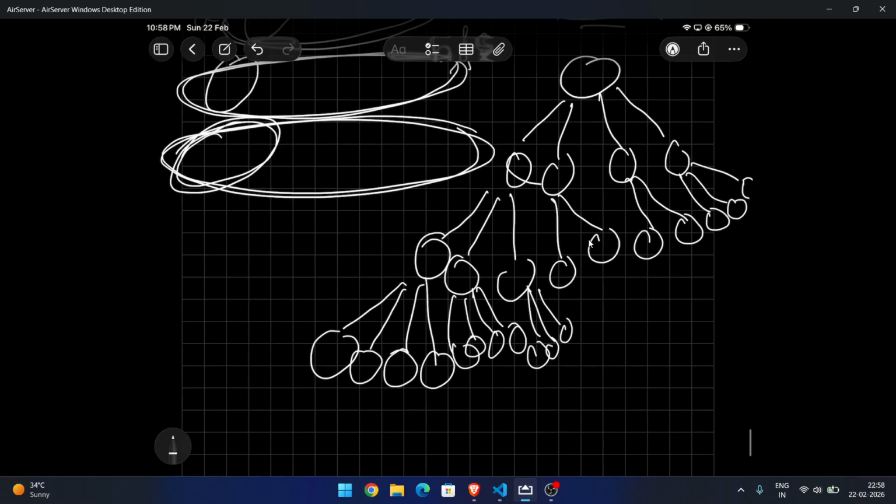Suppose this is the tree. If we go to each node, the time complexity was n factorial, and we can't allow that. What we found out was that some nodes were repeating: the three nodes present here were also present here, and also here. The nodes are common.